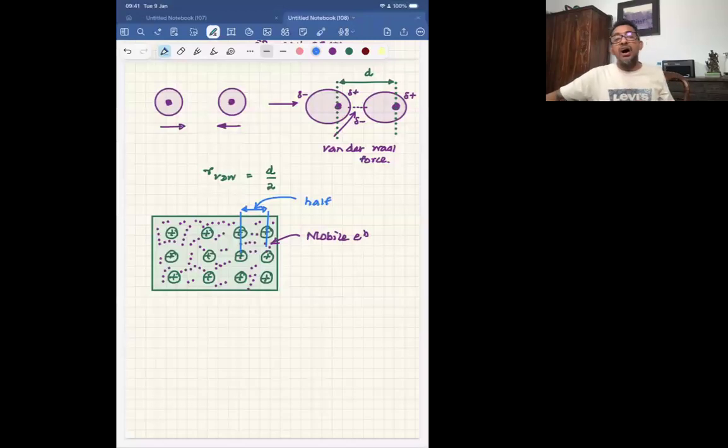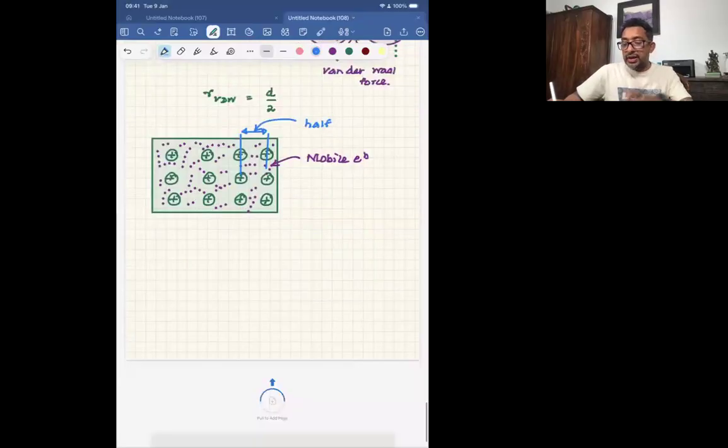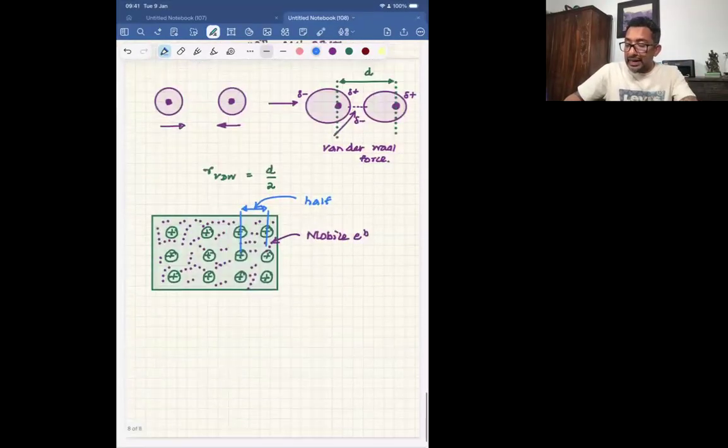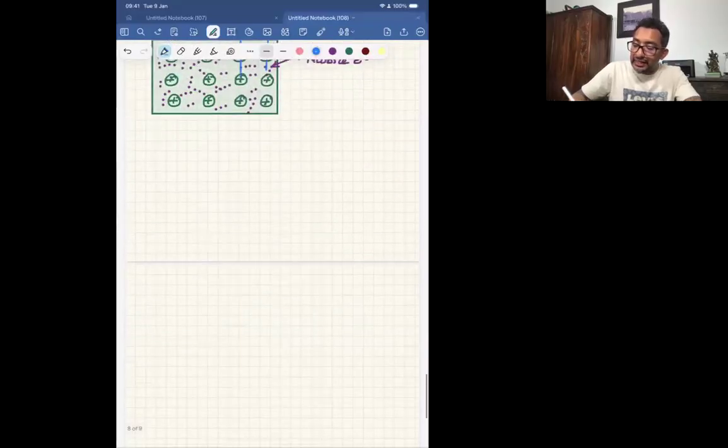Half the internuclear distance when atoms are bonded to each other in a metallic bond. So if you want to say what is the metallic radius, it is half the internuclear distance.